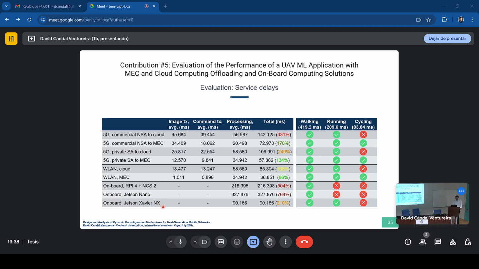So for example, I want to just detect walking and running. Which means the 5G private SA and the wireless LAN are two good options. There's not much in it, 57 milliseconds, for instance. Okay. So I have to choose between one of those, and I look at it from an energy efficiency angle as well. Which one would I go for?